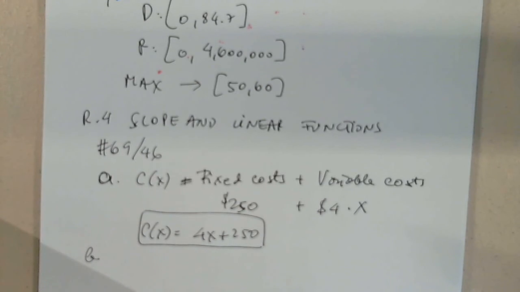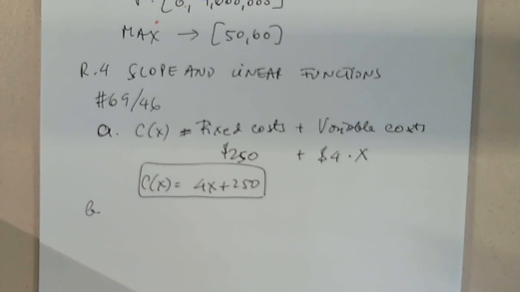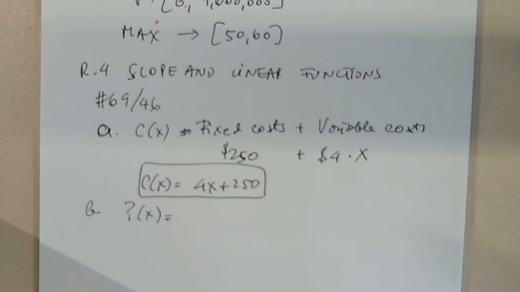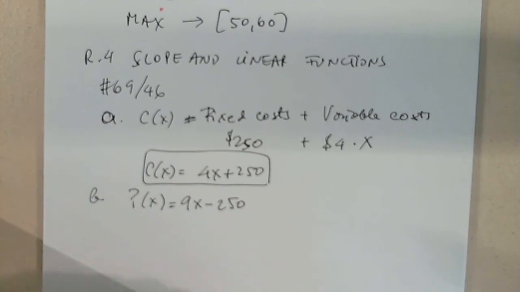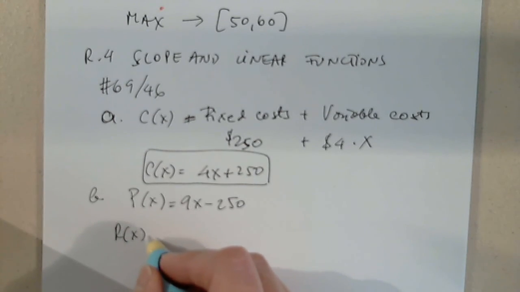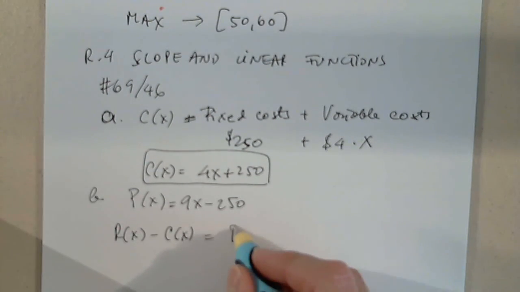In part B, Jimmy determines that the total profit function for the lawn mowing business is given by 9x minus 250. Find a function for the total revenue from mowing x lawns. How much does he charge per lawn? We know that the revenue minus the cost will always equal the profit.